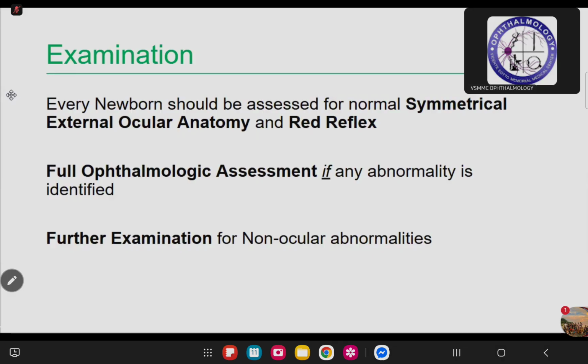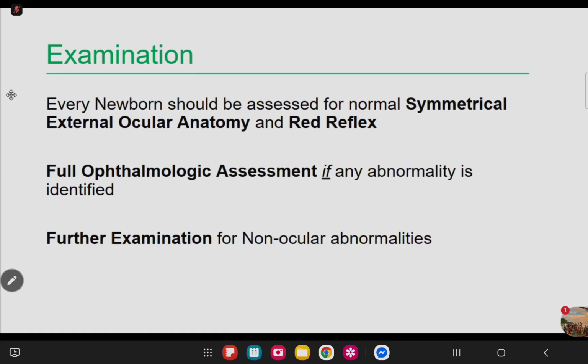So for the examination, every newborn should be assessed for normal, symmetrical external ocular anatomy and for red reflex. I hope at this time you already remember how to examine the adnexal part of your VATEF, and for your fundus, you have to be able to identify your red reflex already.